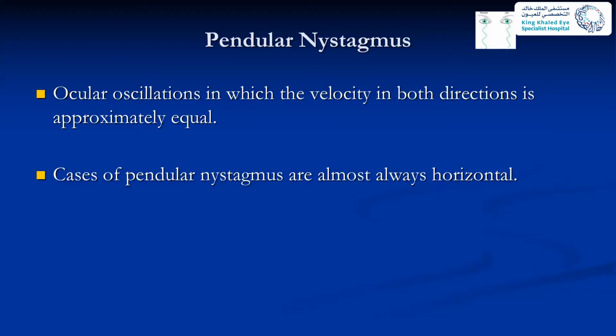I don't know whether you know about it or not, but this is what pendular nystagmus is. Cases of pendular nystagmus are almost always horizontal. We don't see it in the vertical direction.